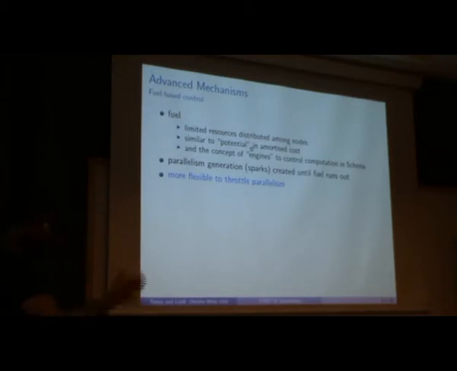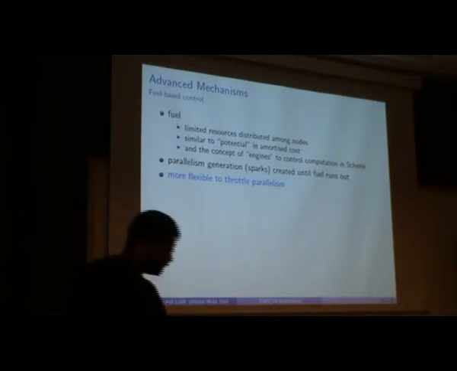The second advanced mechanism which we have is fuel-based control. Fuel is a limited resource which is distributed among nodes. This is similar to potential in amortized cost, or the concept of engines to control computation in Scheme. Using this mechanism, parallelism generation, that is, sparks are created until the fuel runs out. So it is more flexible to throttle parallelism.